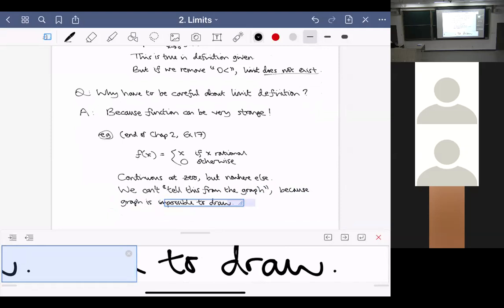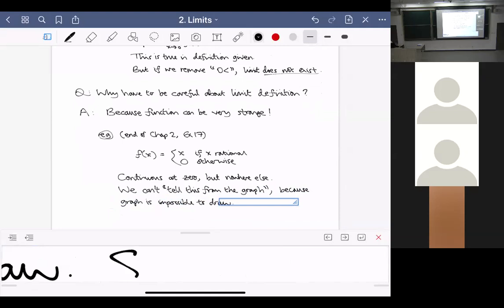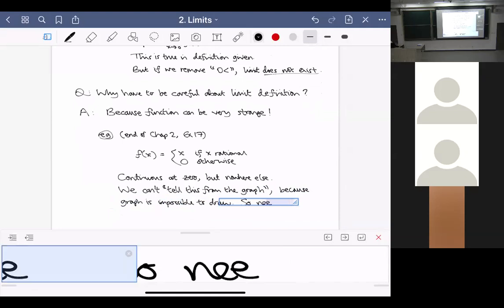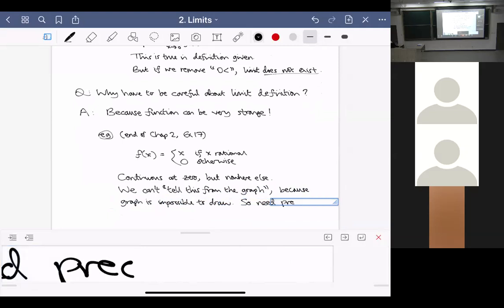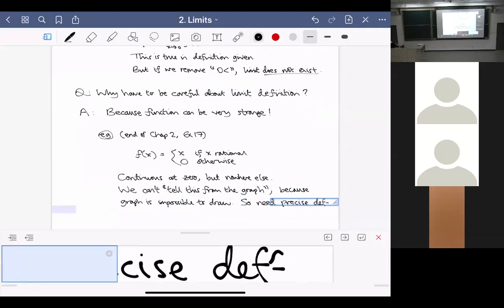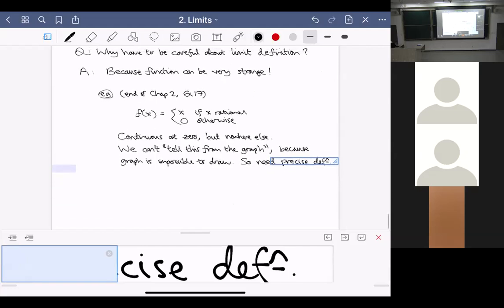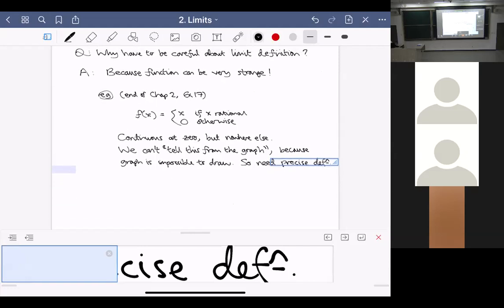But it's still a function, we can ask whether it's continuous or not. So we need a precise definition. Okay, and we'll see more and more how this precise definition has good consequences.